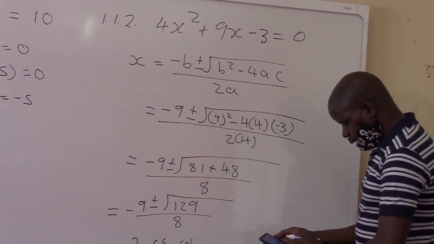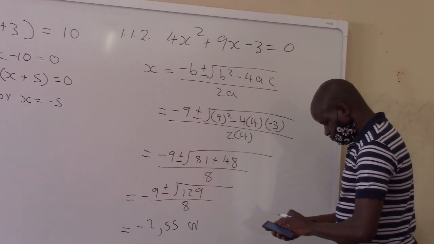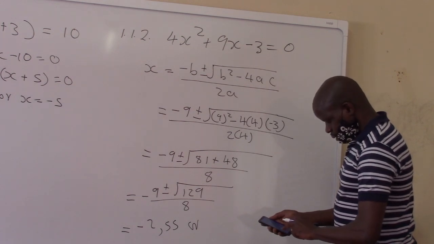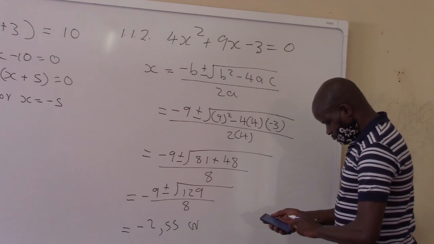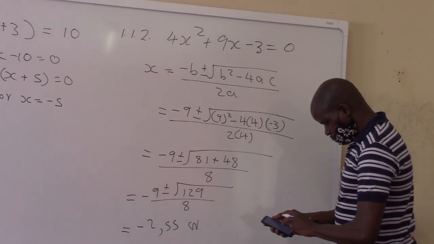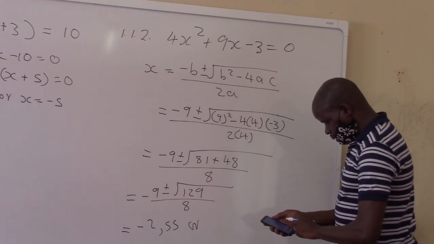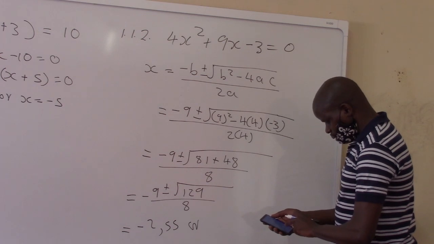And then we go again. We have to say negative 9 plus 11,36 equals 2, then divide by 8.